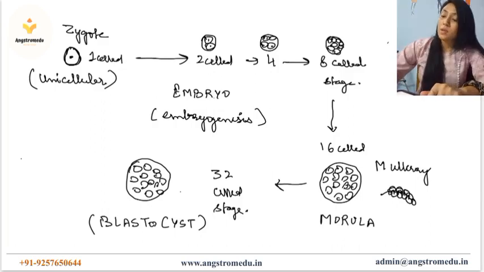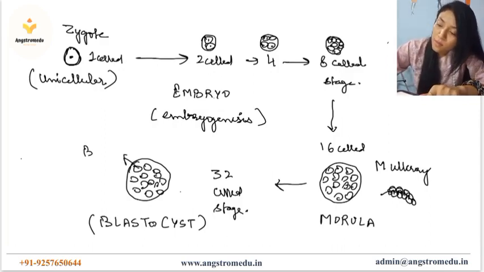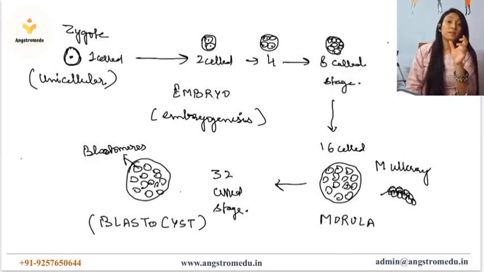Okay, now the individual cells in blastocysts are known as blastomeres. That's it.